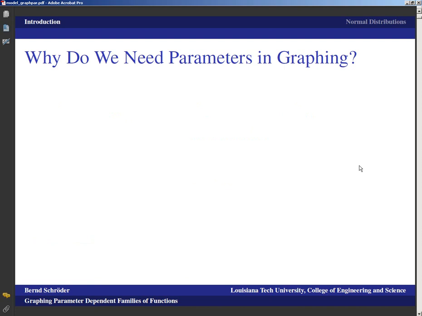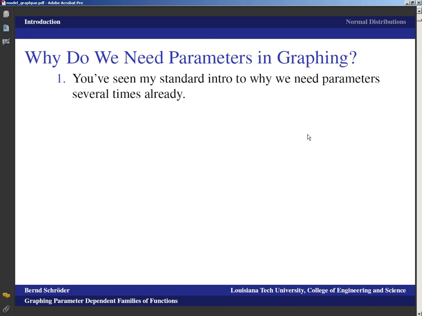As you are also accustomed to in my presentations, I always try to answer the question as to why we need those things, and you've already seen my standard intro into why we need parameters probably several times, and it may be a little bit long-winded, I admit that, but basically in my experience working with parameters is uncomfortable, and if that was also uncomfortable for you, that's nothing to be self-conscious about, because after all, working with parameters is most likely something you've never done before, and that means an adjustment needs to be made.